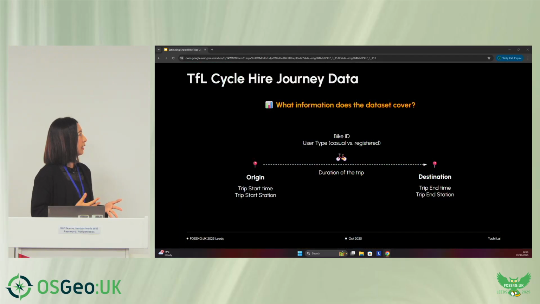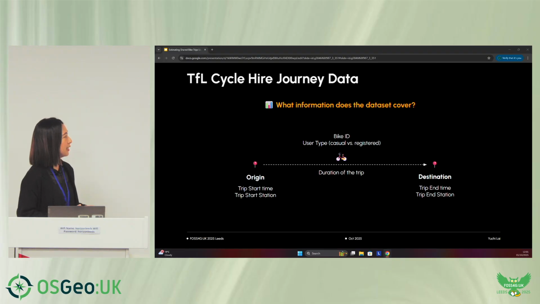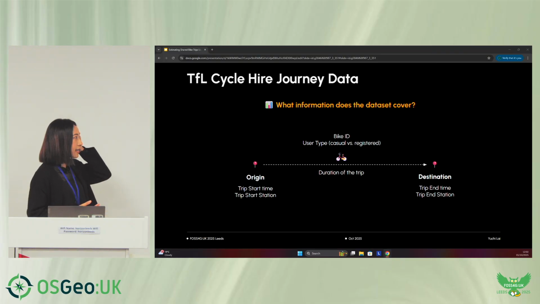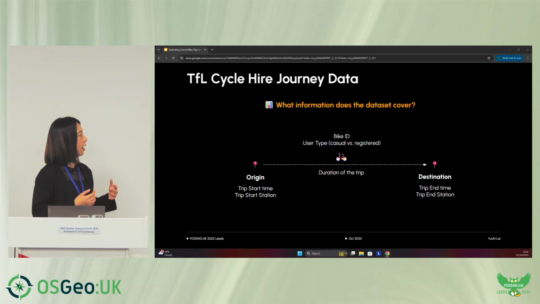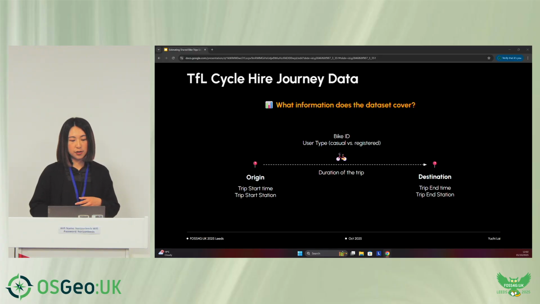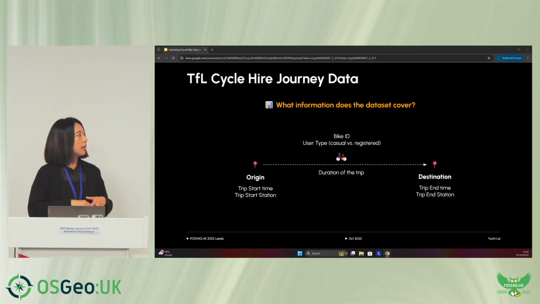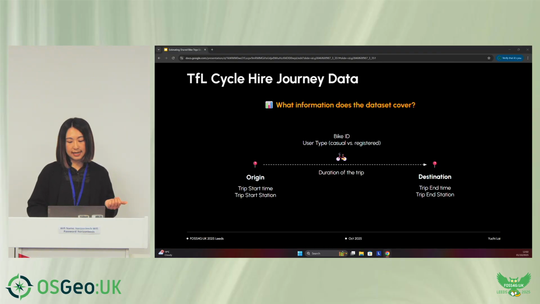And what can we know from this data? In the data set, one row is a trip journey, and I can know where people travel, the start and end locations of the trip, when people start their trip and the time duration, and whether people are using the pedal bike or the electric bike. This is the information we can see in this data set.